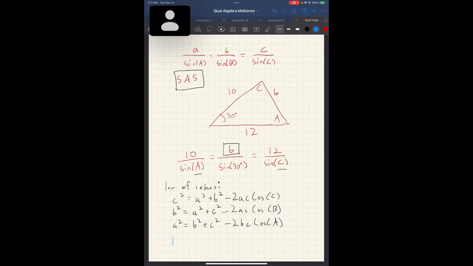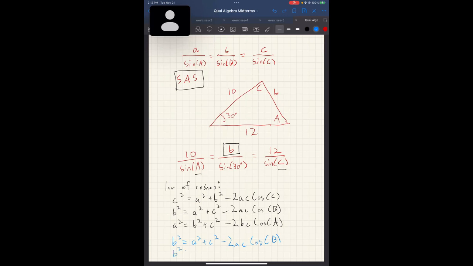Well, sure. I need to know side length B. Well, b squared is equal to a squared plus c squared minus 2ac cosine of B. But it turns out that I know a, c, and angle B.